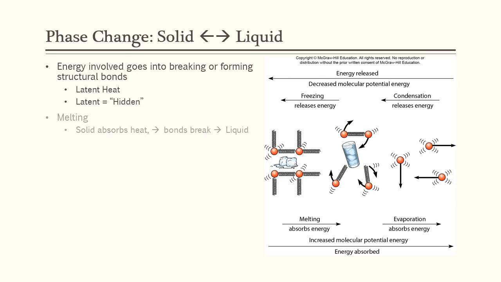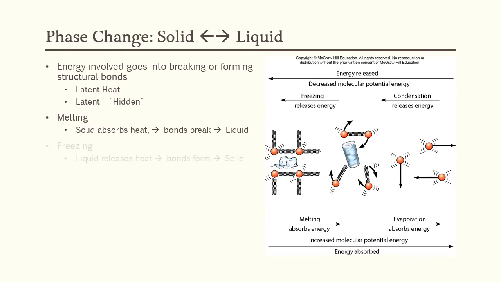Because what happens? Well, for melting, for example, let's take melting. You've got ice over here, and it starts melting. These bonds between molecules break, right? So now you're left with individual molecules floating around as a liquid. So that's what happens when you melt.